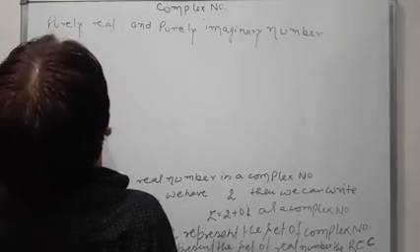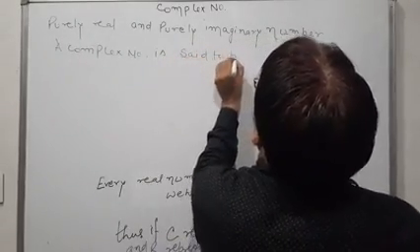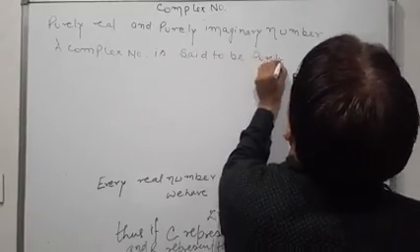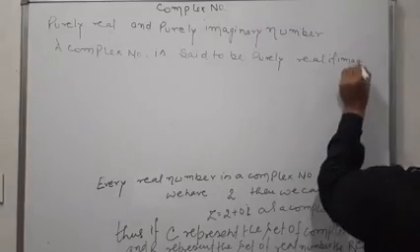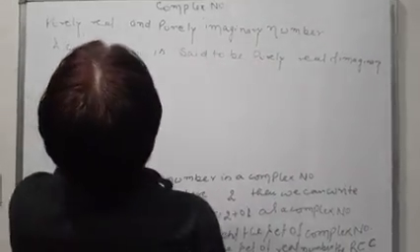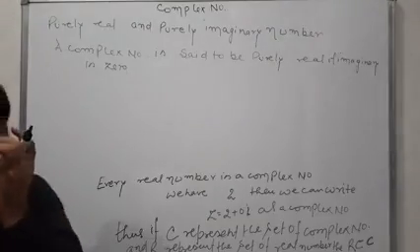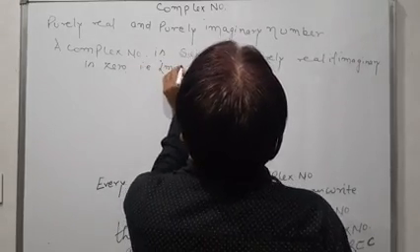A complex number is said to be purely real if the imaginary part is zero. If the imaginary part of a complex number is zero, then we call it a purely real number. That is, Im z is equal to 0.